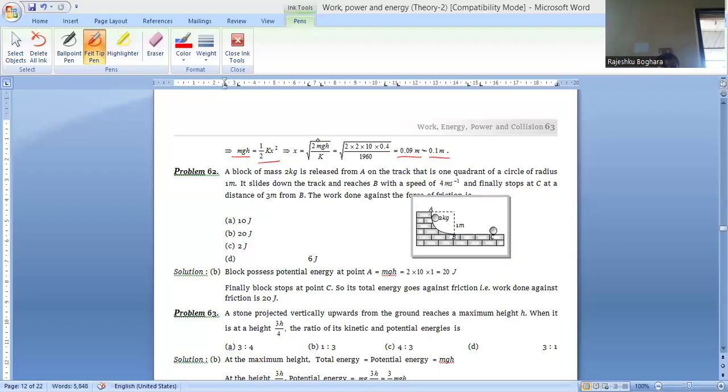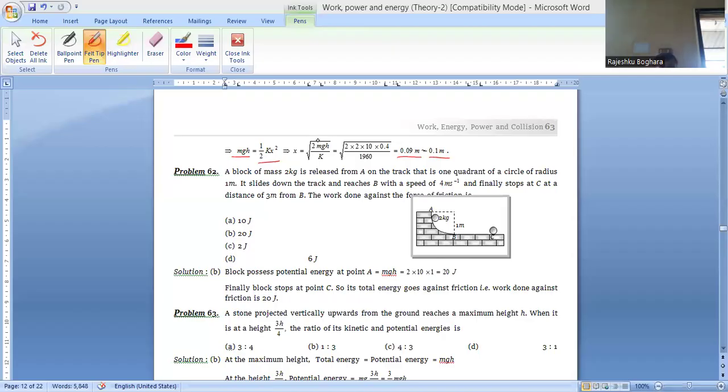Power P equal to force into velocity. So force equal to m into g, so 100 into 100 into 10, that is 10^5. We will take 10% of that, so it comes to 10^4. So force is equal to 10^4. Velocity is 5 into 4, 20 meter per second.